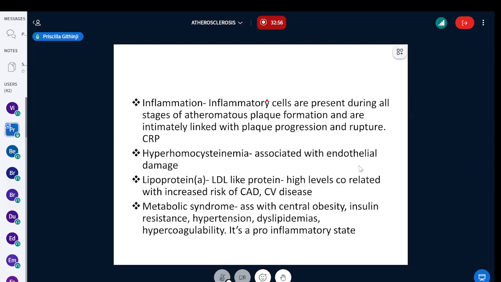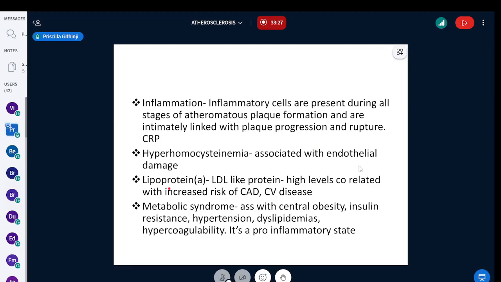So those who have inflammation because they have autoimmune disease, stress can cause inflammation, nutritional deficiencies can lead to inflammation. So anything that can lead to inflammation can propagate atherosclerosis. Then we have what is called hyperhomocysteinemia, which is a condition where you have high homocysteine levels, and these are associated with endothelial damage.